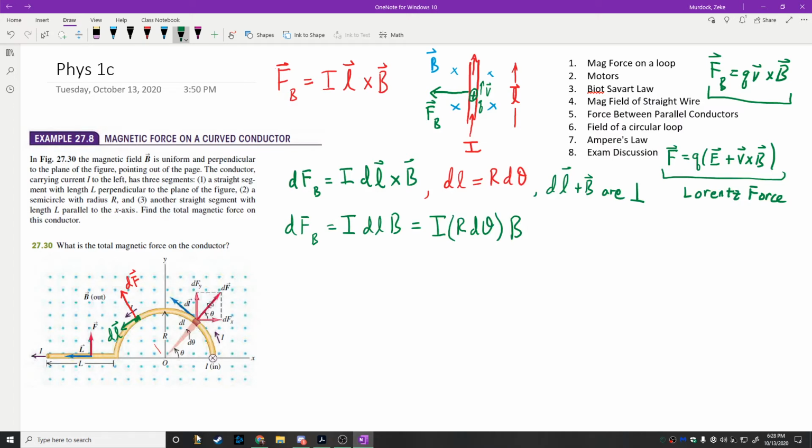Yeah, because dl and b are perpendicular to one another, it would be dl times b times sine of 90. Okay, now what else can we do here?